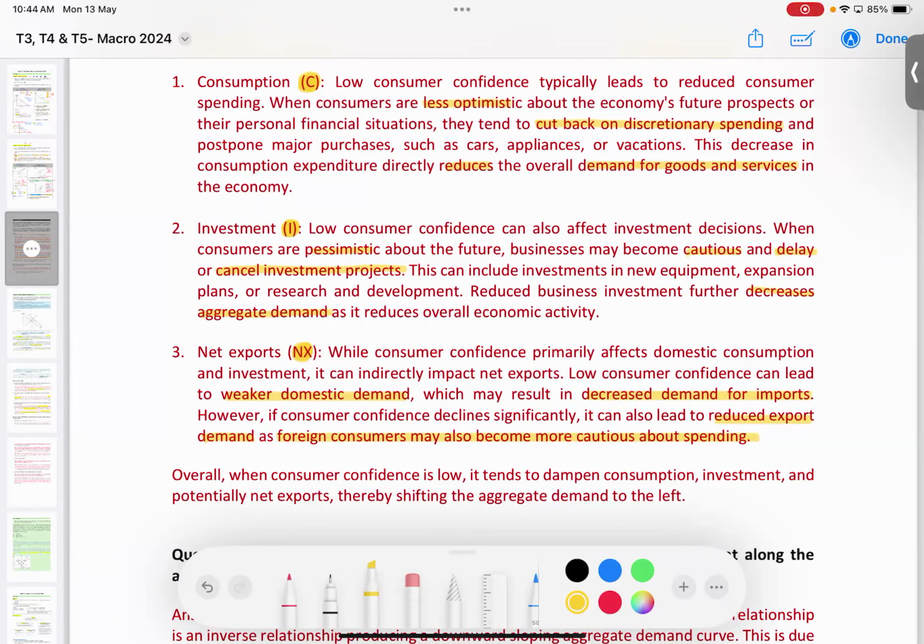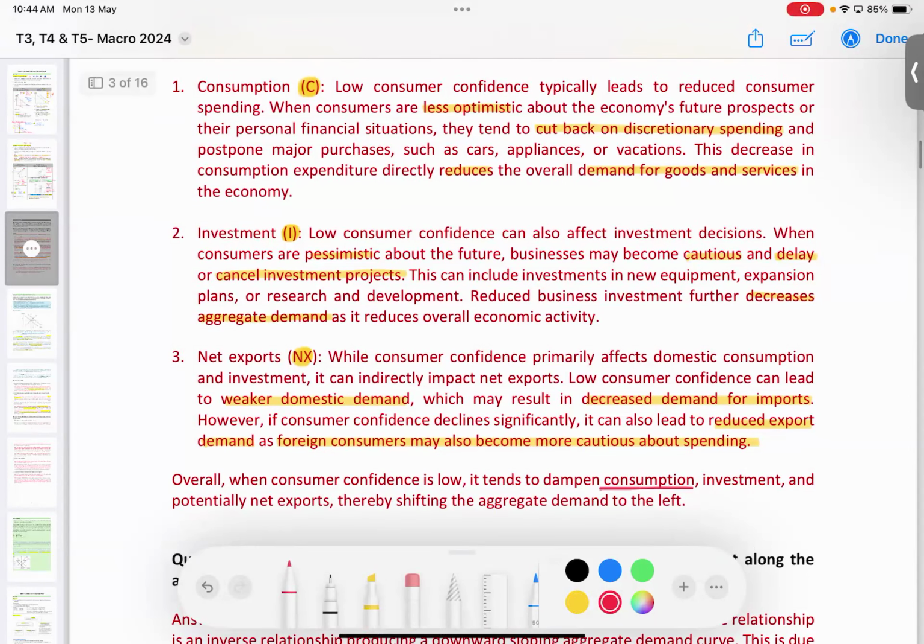So the main thing here is that net exports will be falling, less exports.